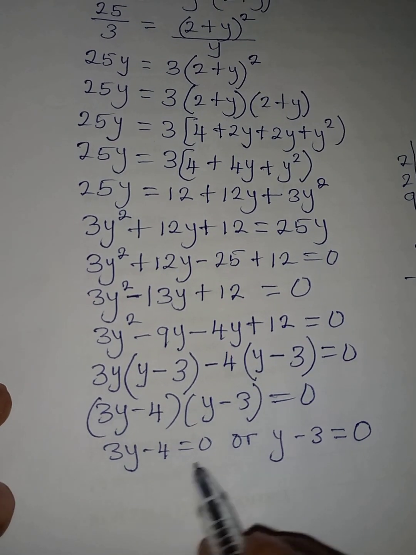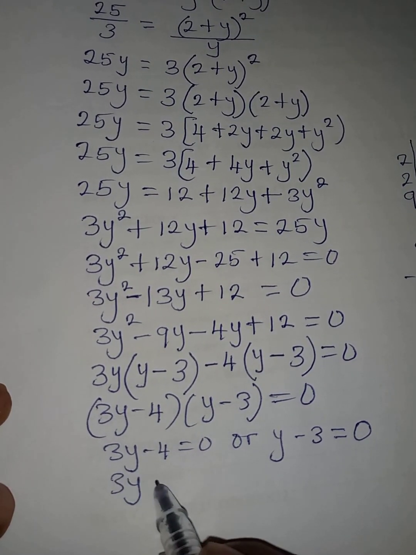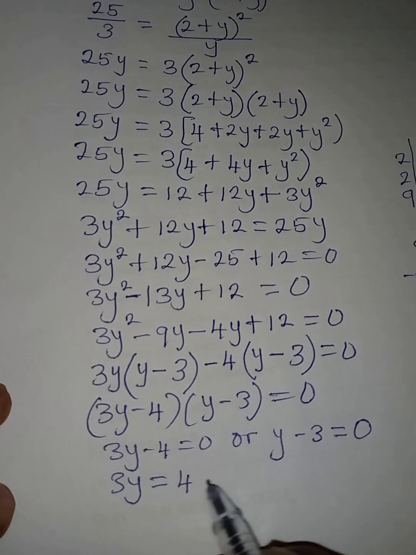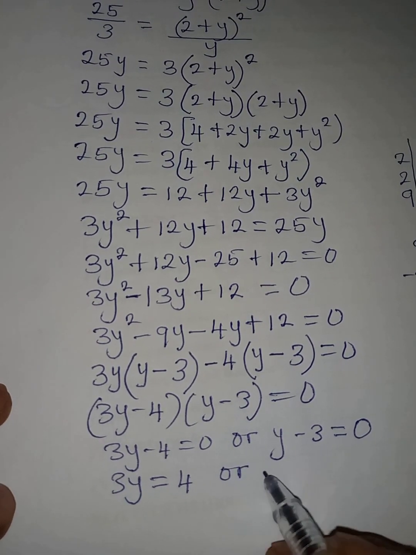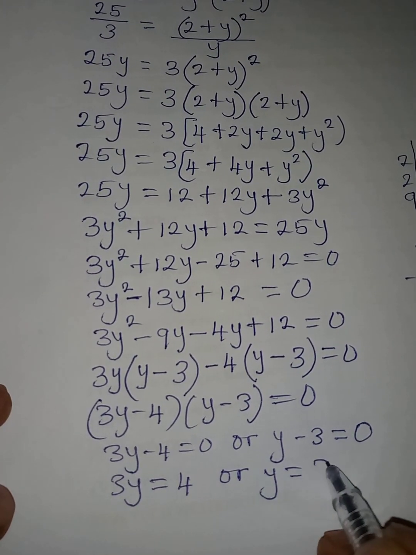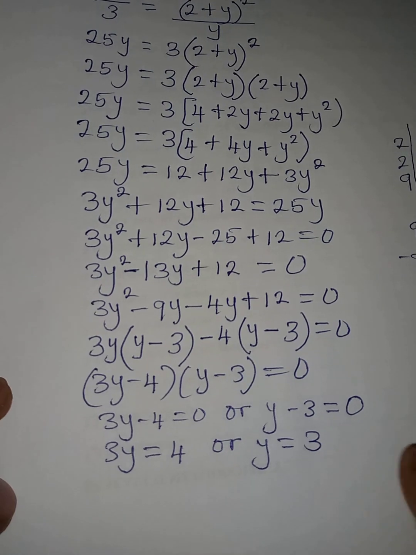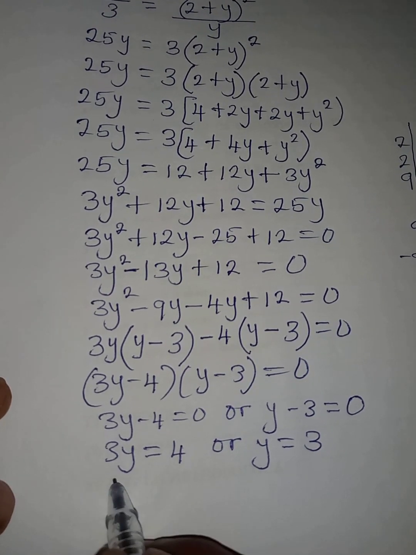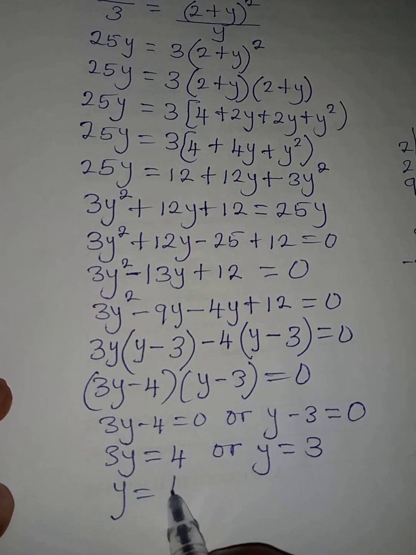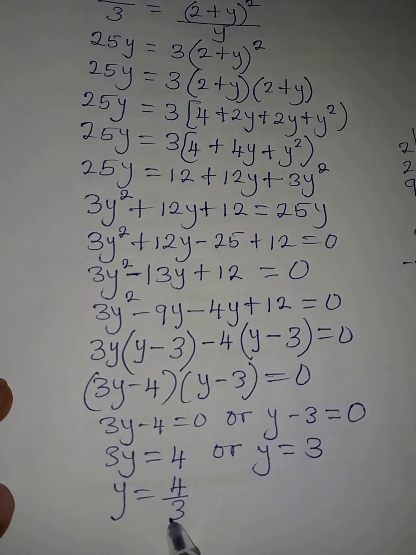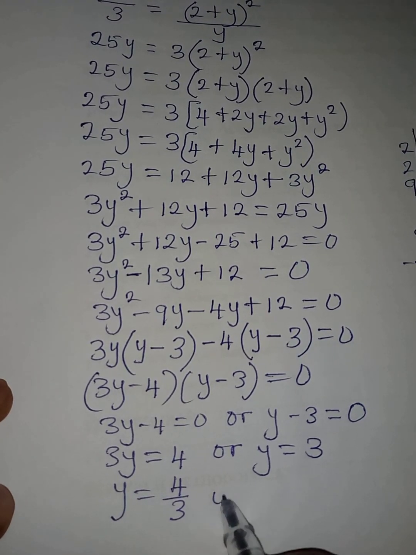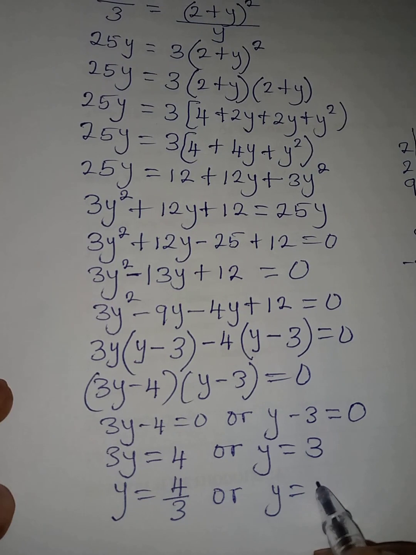Okay, so from here, 3y will now be equal to 4, or on the other side, y will be equal to 3. When you make y the subject here, we have y equal to 4 over 3, or y still remains 3.